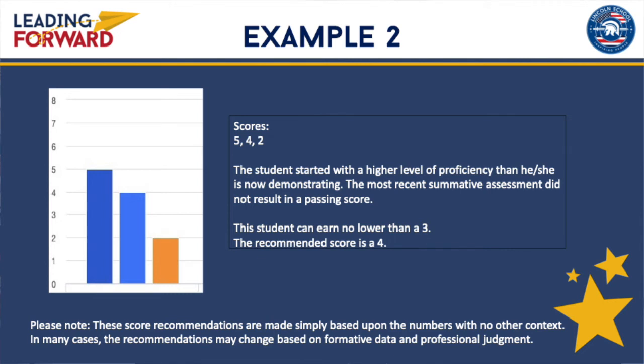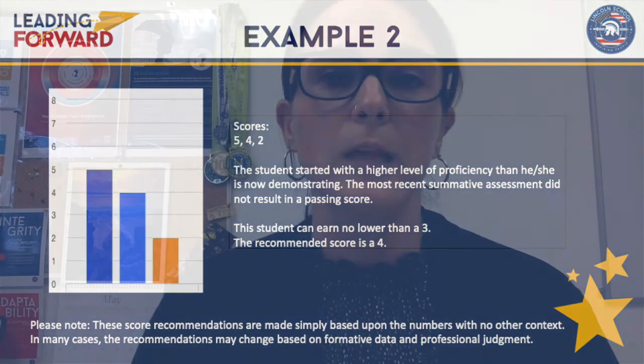Now the student can earn no lower than a 3, so my recommended score would be a 4. I would also want to look at the criterion descriptors for this criterion and see what the difference between a 4 and a 5 and what a 3 and a 4 is. That would help me determine a best fit score.